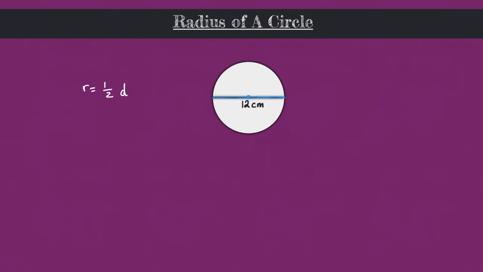Now, I didn't indicate that it goes through the center, but it actually does, okay? So what that's telling me is that is the diameter. If the diameter is 12 centimeters, let's go ahead and plug it into our formula. R is equal to a half of the diameter, which is 12 centimeters. So therefore, our radius is going to be 6 centimeters.